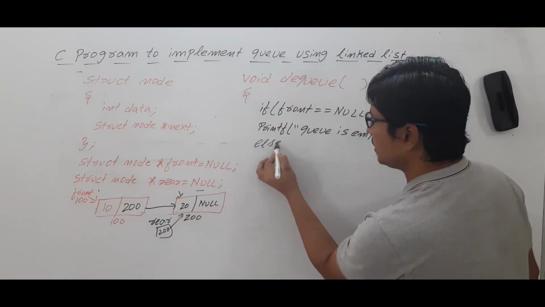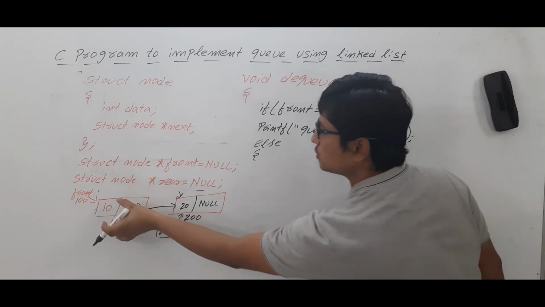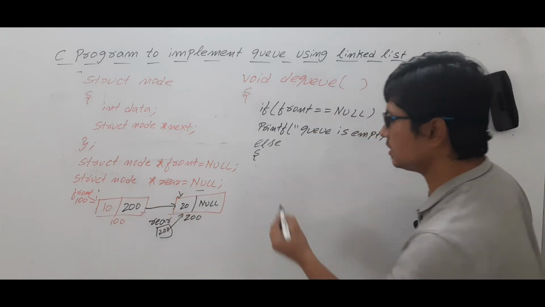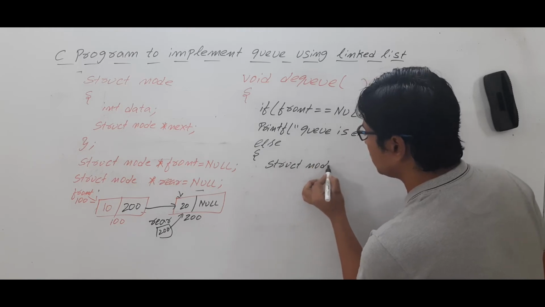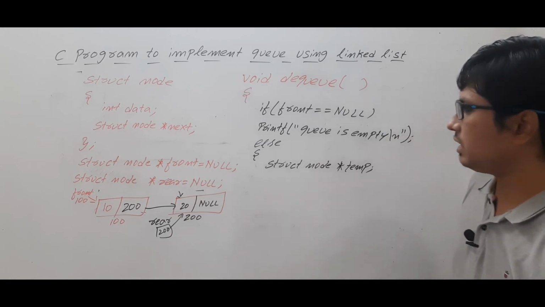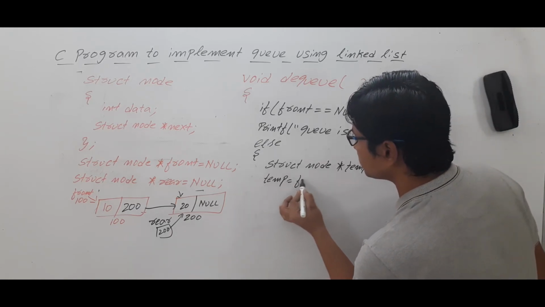Else, what you have to do is delete this element, which is the first node. To delete it, we will create a variable called temp, which is of struct node type. Then I will write temp is equal to front.